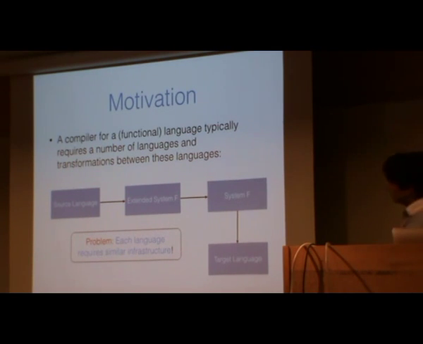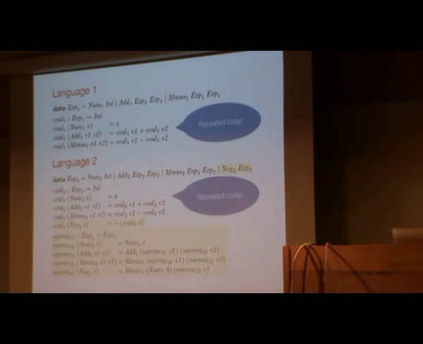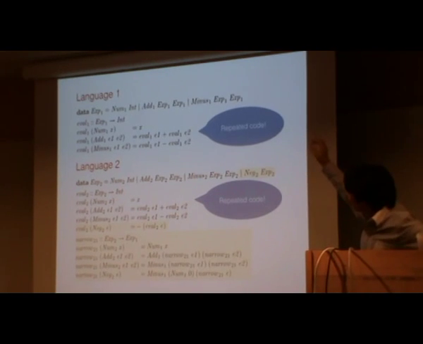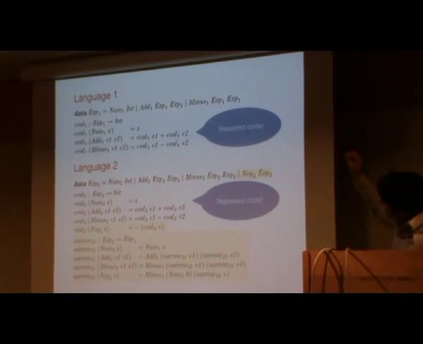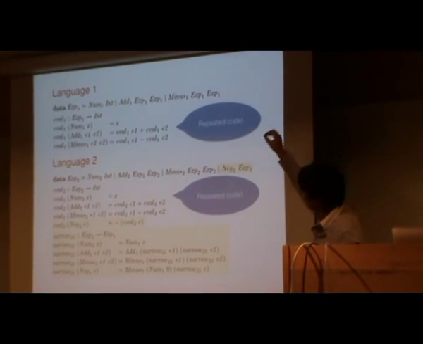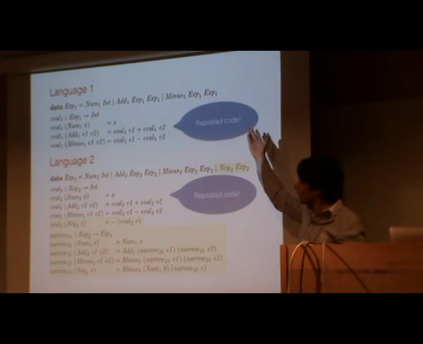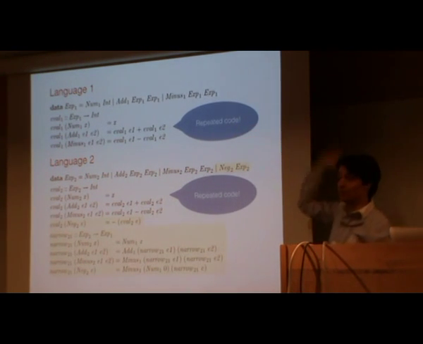One problem that you have here is that each of these languages requires a certain amount of very similar infrastructure. Here I show a very tiny example. This is not a proper language, just a simple language with arithmetic. We have 2 languages actually. One language has numbers, addition, and multiplication.